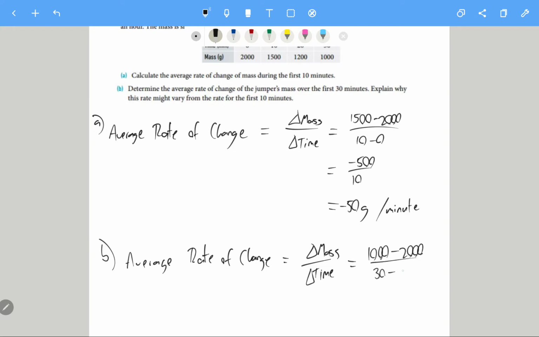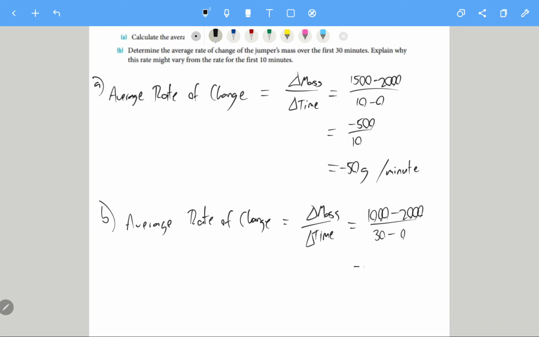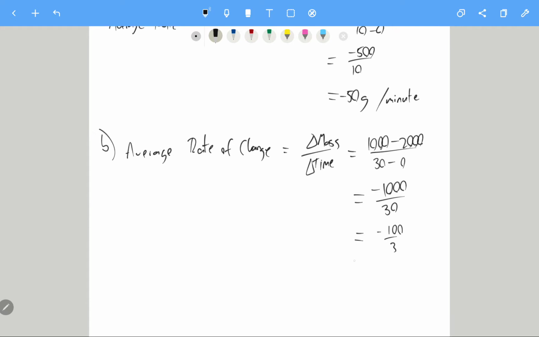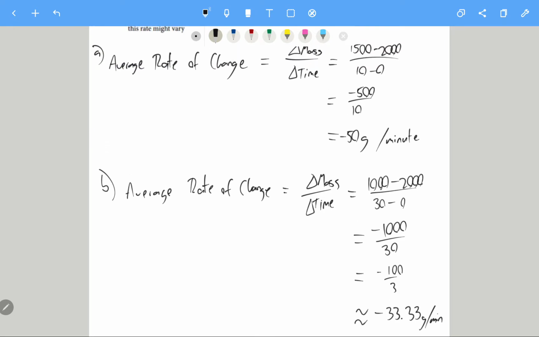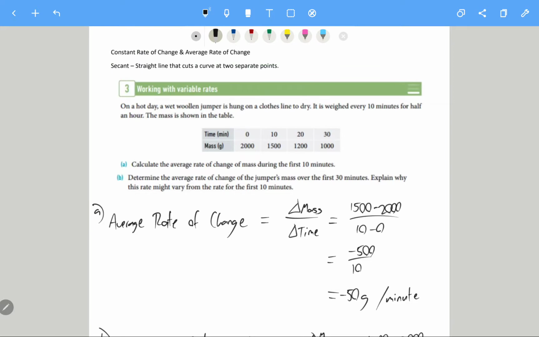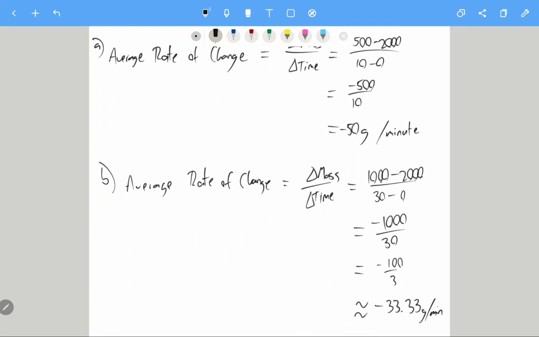And the time is 30 minus 0, which is 30. And we get negative 1,000 over 30, which is negative 100 over 3, which is approximately negative 33.33 grams per minute. So you might ask the question, as the question does, why was it different?